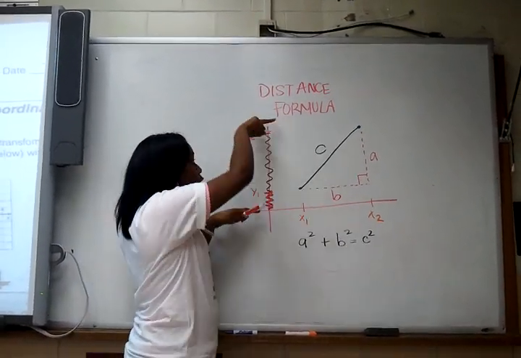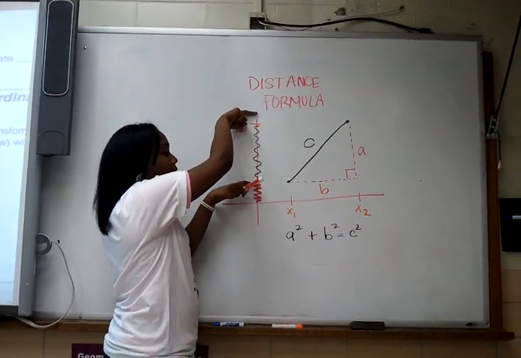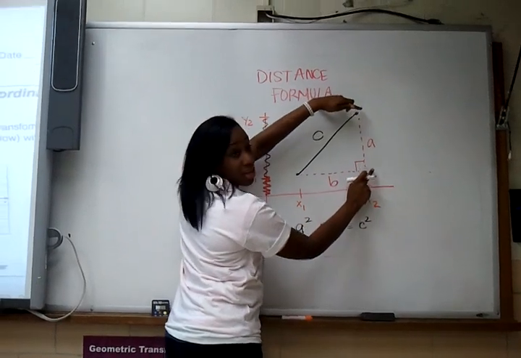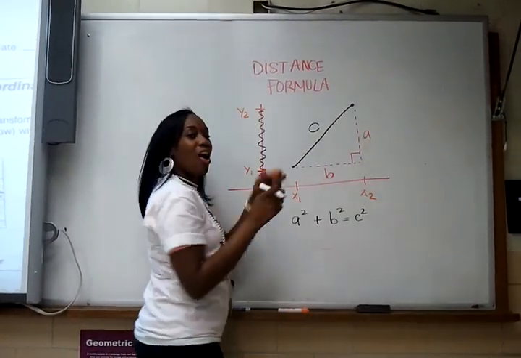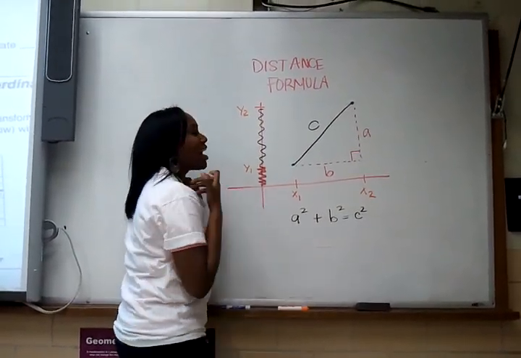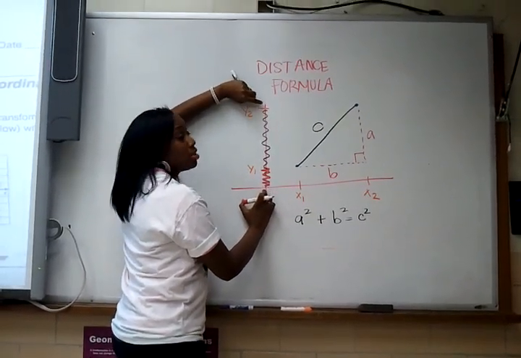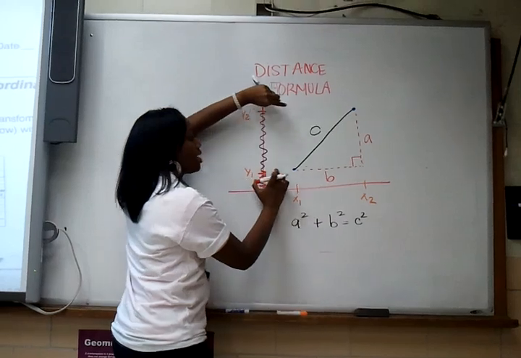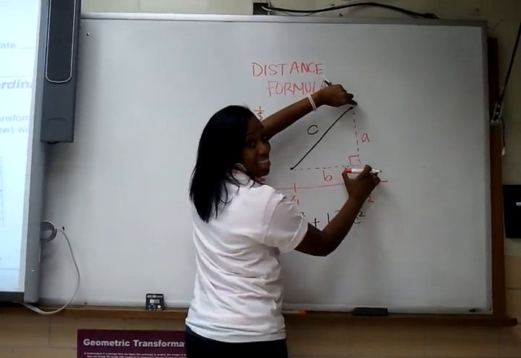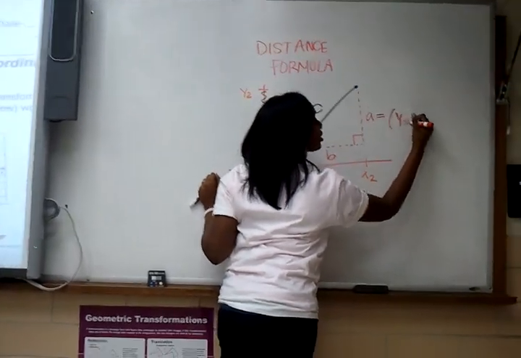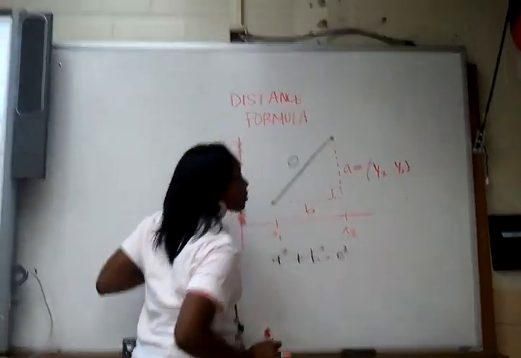So if we take the whole black piece, subtract the red piece, then we end up with this piece. Oh my goodness, that's how long A is. So again, I'm going to say that one more time. If you take y2, subtract y1, you end up with the segment that's A. So A is now represented as y2 minus y1.